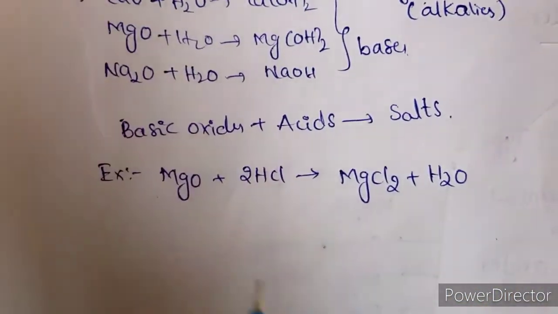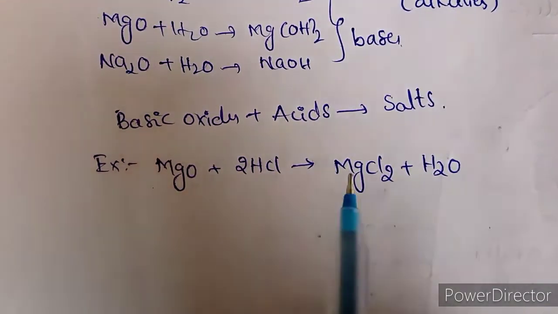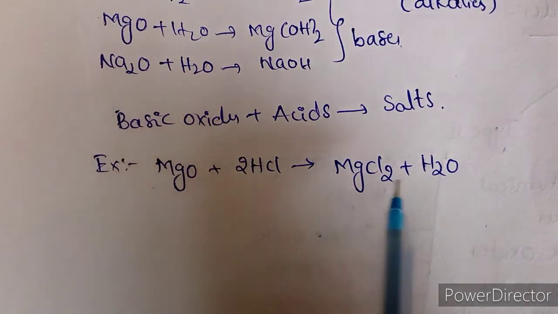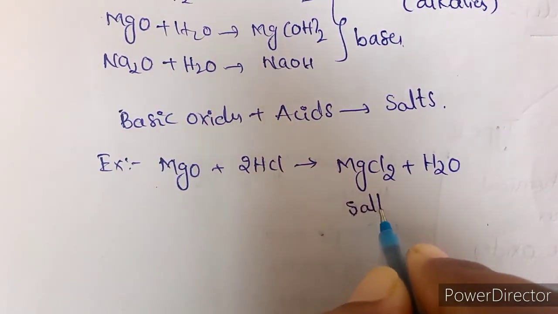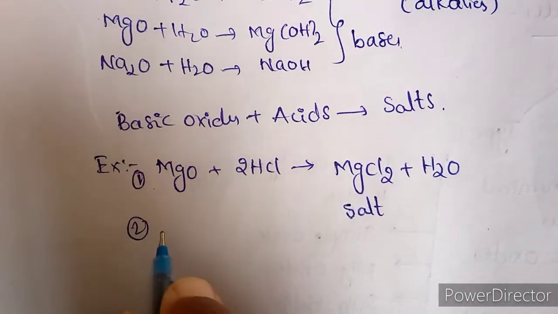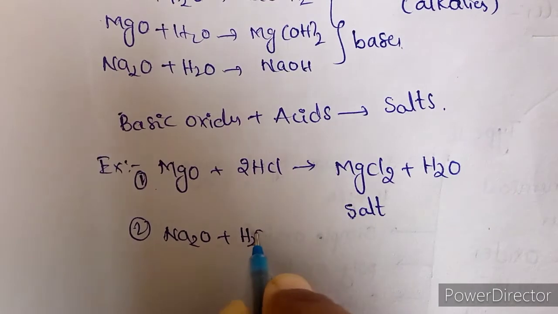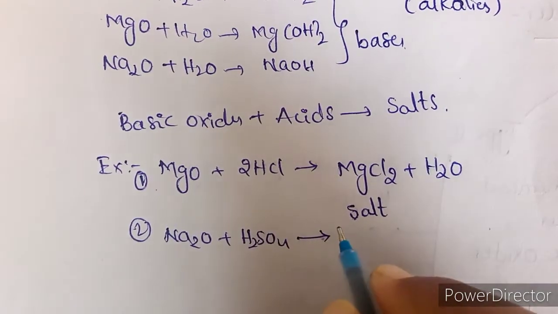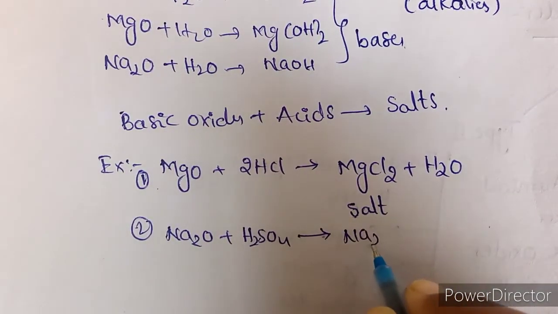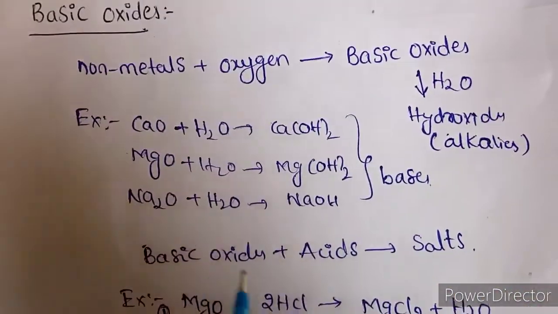Example, magnesium oxide when treated with HCl produces magnesium chloride and water. One more example, sodium oxide with sulfuric acid gives sodium sulfate. This is about basic oxides.